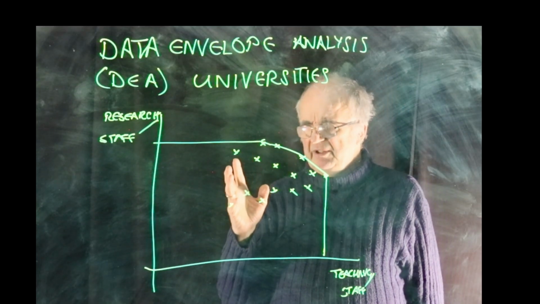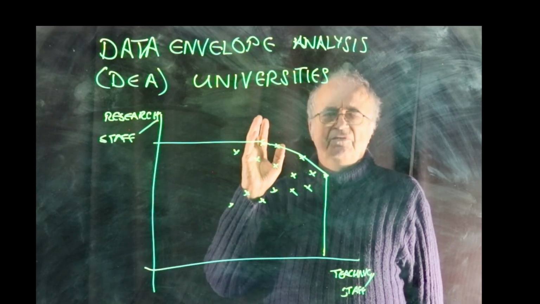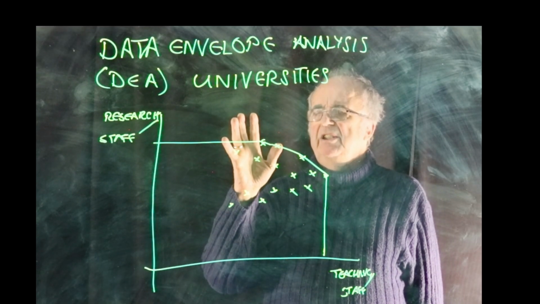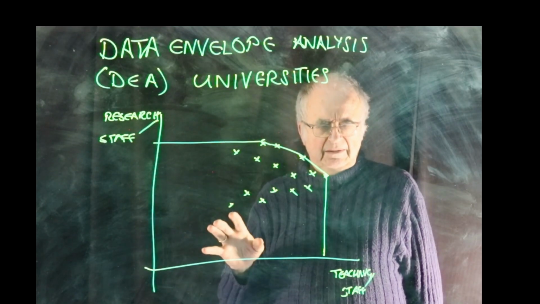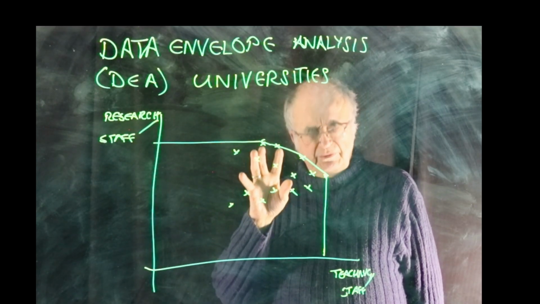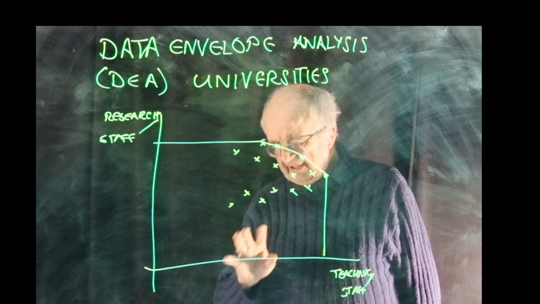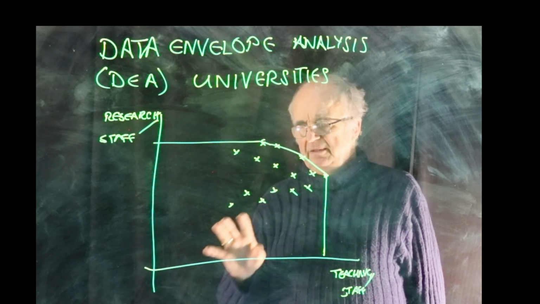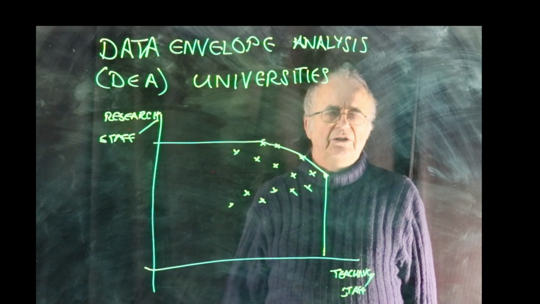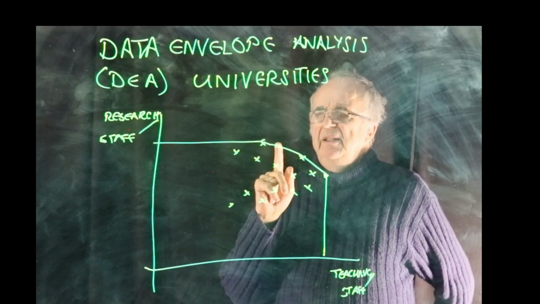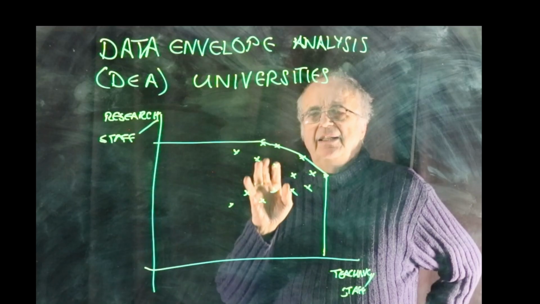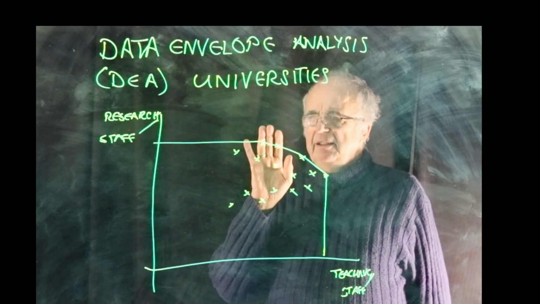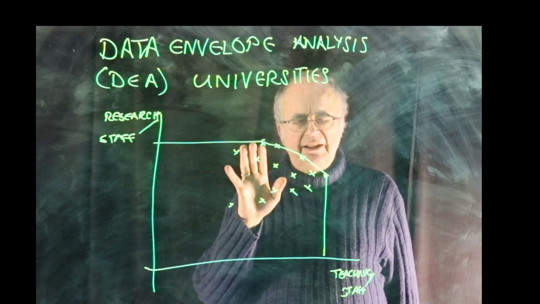There's slight differences between them, but very often UK universities, Oxford and Cambridge are at the top, Russell Group research institutions come next, and then polytechnics and teaching institutions. What would it take to produce that league table as a result of a DEA analysis?